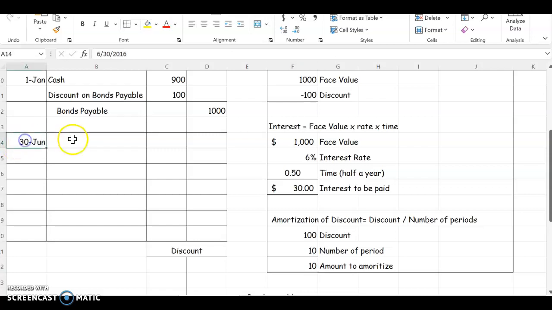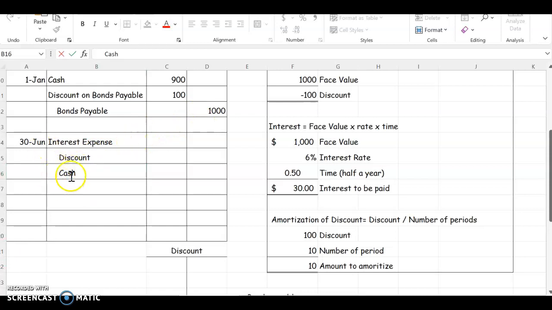So on June 30th, we are going to make our first interest payment. We are going to start with interest expense. And then remember, we talked about amortizing the discount. We're going to credit the discount because it has a normal debit balance. And then we're going to credit cash because we're going to pay out some cash.